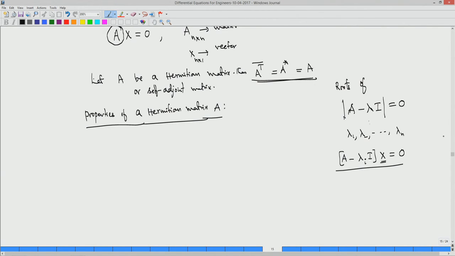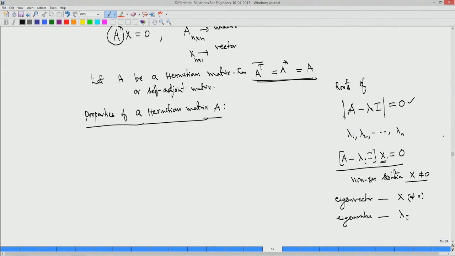That non-zero solution x is called the eigenvector, and the eigenvalue is lambda i.